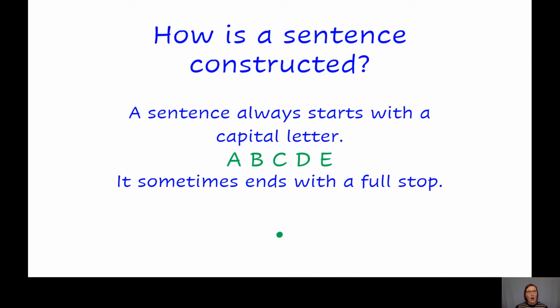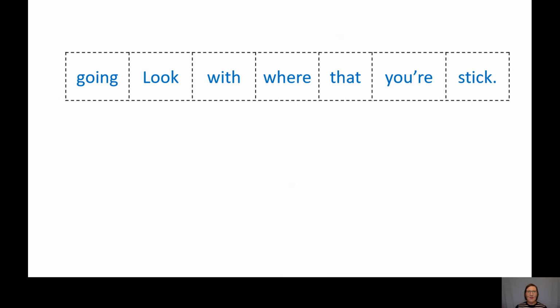Now, I've got some sentences that are a little bit bossy, but I've got a bit confused and they've got a bit muddled up. Will you help me sort them out? Brilliant. Okay, let's go. Go and look where that your stick. That doesn't make sense, does it?